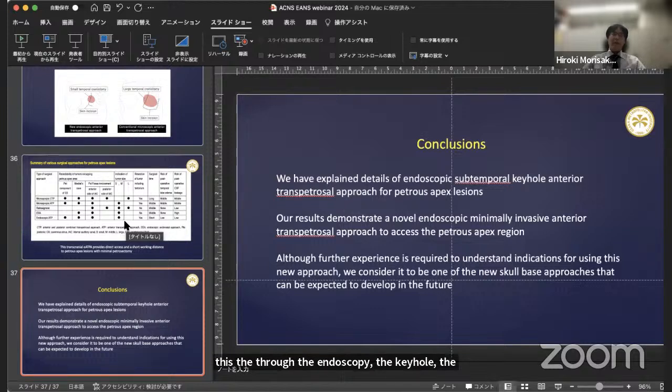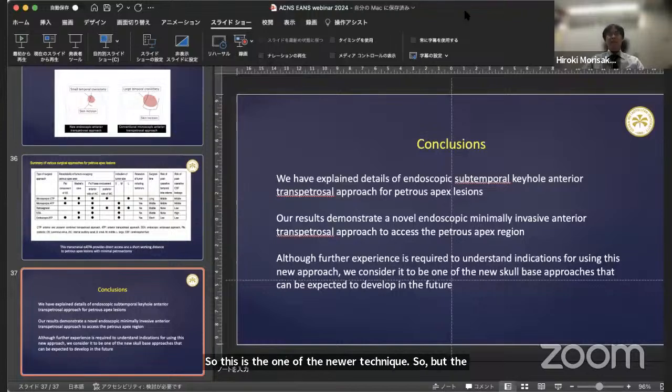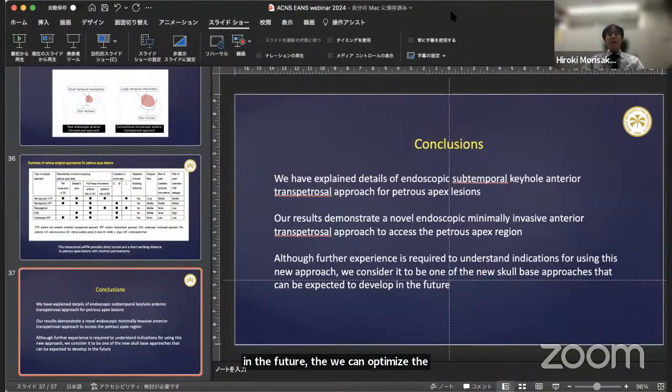So this is one of the new techniques. But in the future, we can apply it much more, with good indications for many skull-based tumors. I think so. Thank you very much.